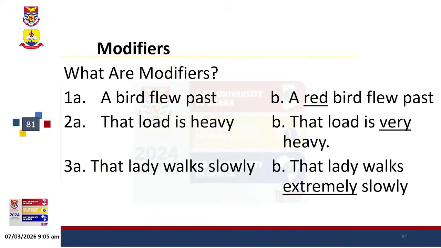That lady walks extremely slowly. Are you able to tell the modifiers in these examples? Try. The modifiers have been underlined. A red bird, very heavy, extremely slowly.